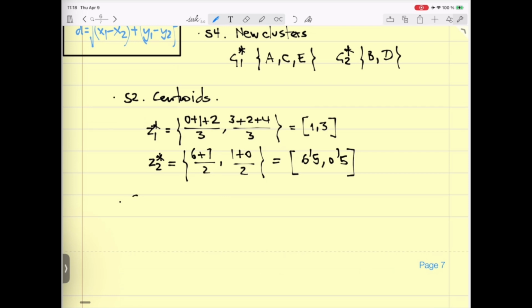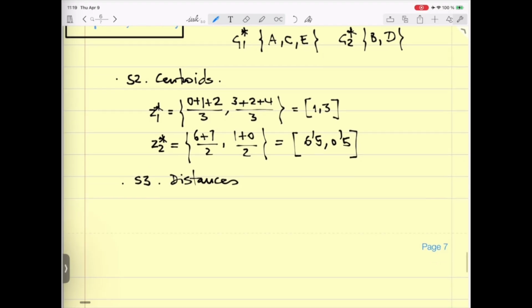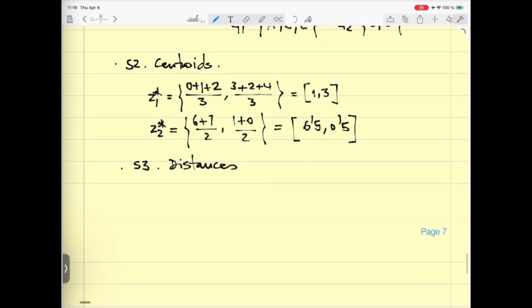So we perform again step number 3, distances to the new centroids, just to check that the groups remain. Okay, so the distance between A and Z1 star is going to be 1. Distance between A and Z2 star is going to be 6.9.